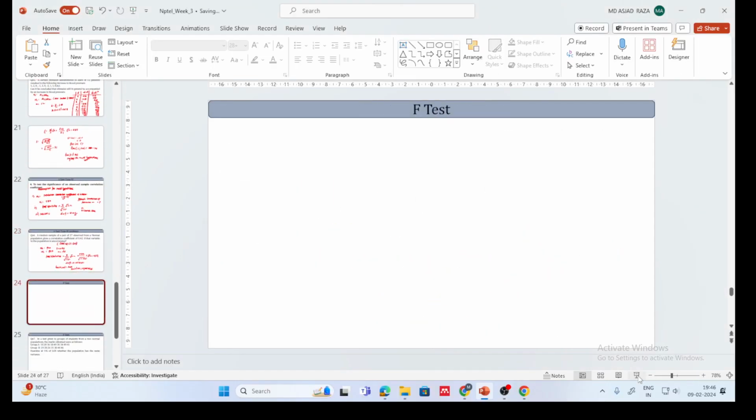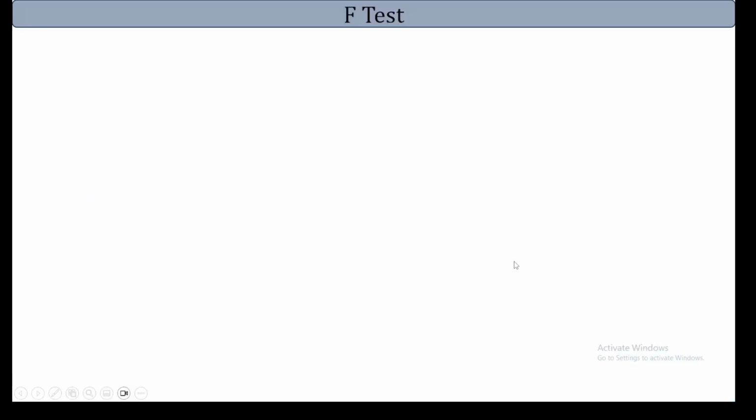Can anyone tell what the F test is? Comparison of variance. Okay. Beforehand, what are the properties of the F distribution? It is right side skewed. The minimum value is 0, and the maximum goes till infinity.